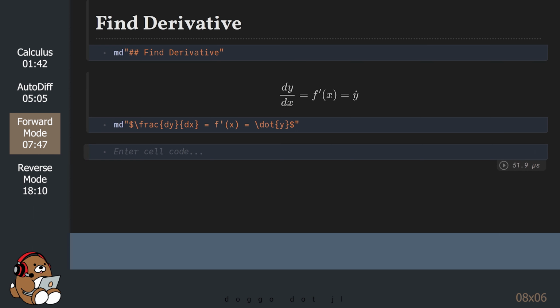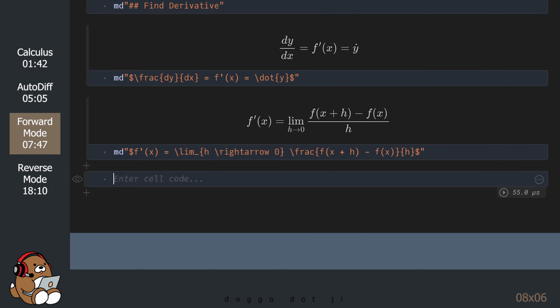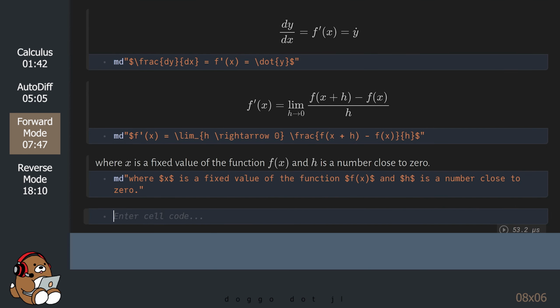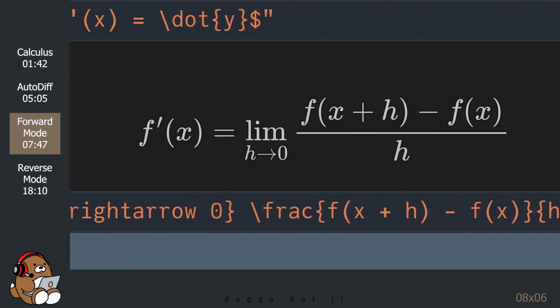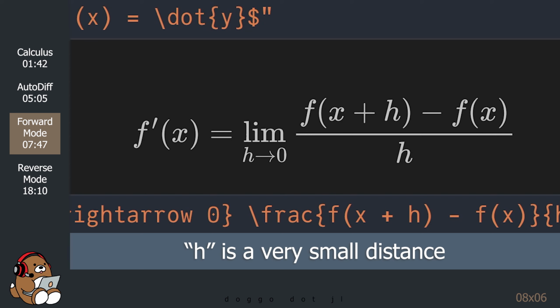In calculus, the derivative of a function has a very specific definition. Here, the variable h represents a very small distance from the value x. This equation is basically the formula for the rise over run slope of a line as the distance h approaches 0.